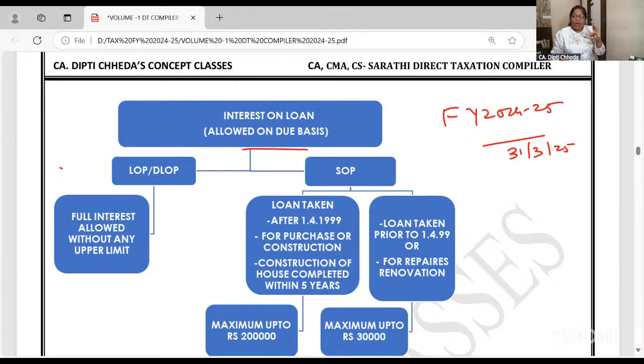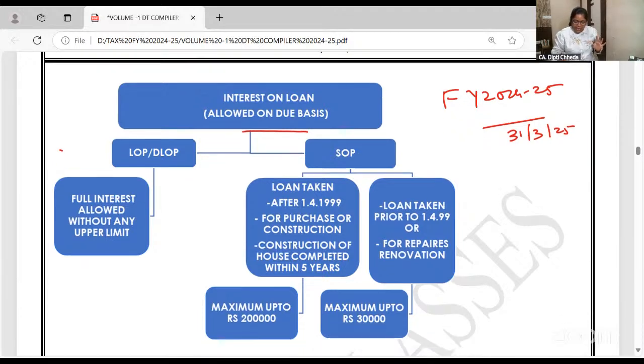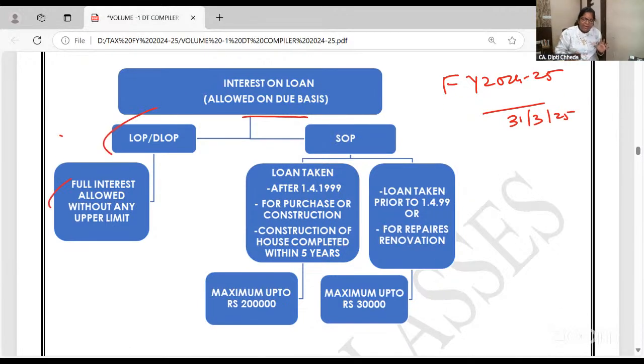See, the way you all are studying, you are working hard, but there has to be a little depth to score 85 plus marks in DT. Don't be scared, it is absolutely clear, write notes, and if you have any doubt you can message me. Municipal tax is allowed on payment basis. Interest on loan is allowed on due basis. In case of let out and deemed let out, full interest is allowed without any upper limit.